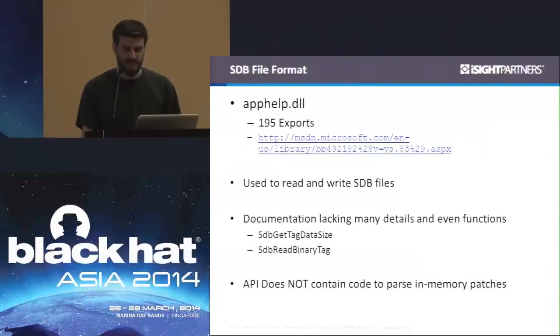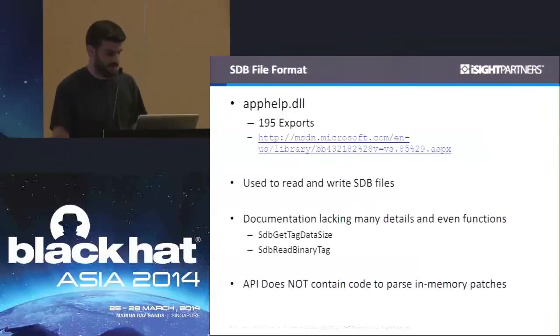And finally, I just brought up STB to XML and IDA and figured out how do they do it. And they're using this undocumented function called get tag data size. And that will give you the size you need. This API does not contain the code to actually parse out what these in-memory patch bits areas are. So that's something we're going to get to.